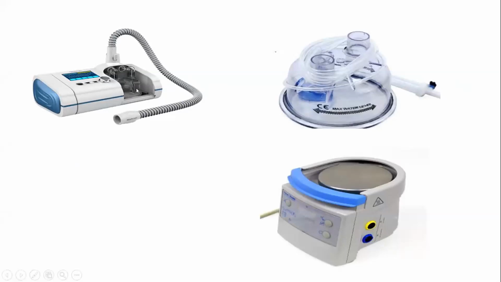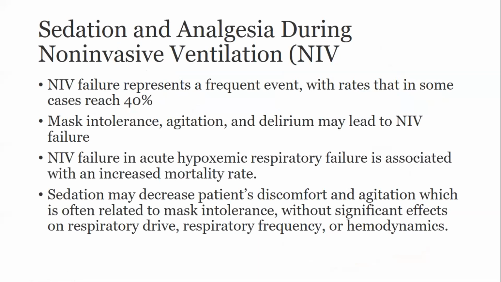This is how the humidifier looks, and most of them can actually be used between different ventilator types. Most of the ventilators come with the hot plate, which is where the humidifier is going to sit, and it's going to be heated. The tube is, of course, what you connect to the fluid bag for the humidifying air.